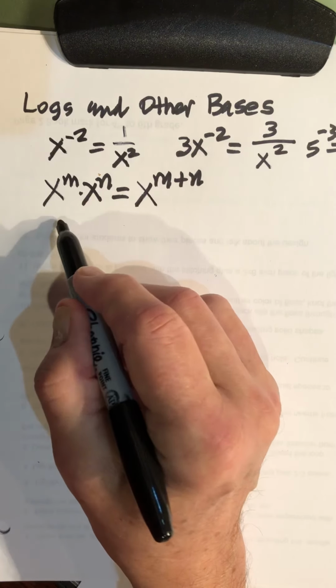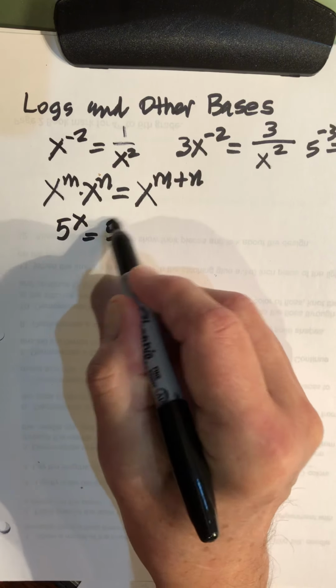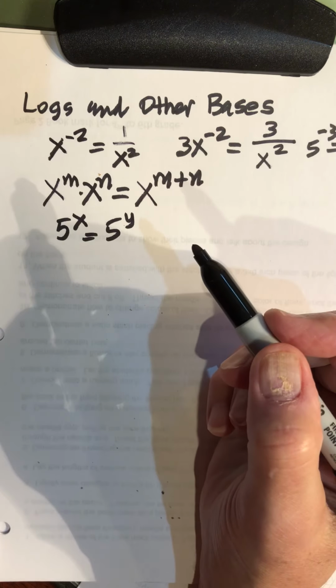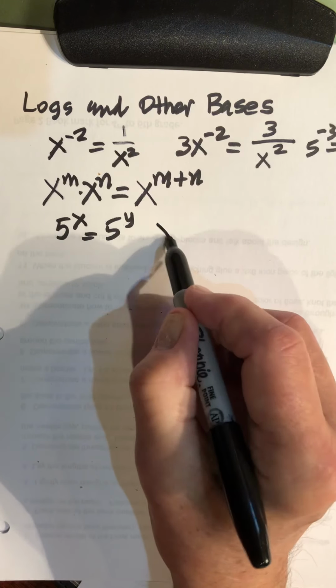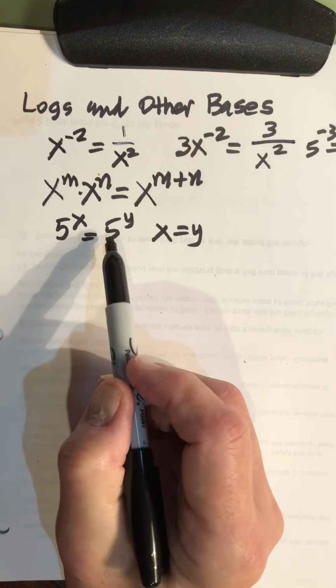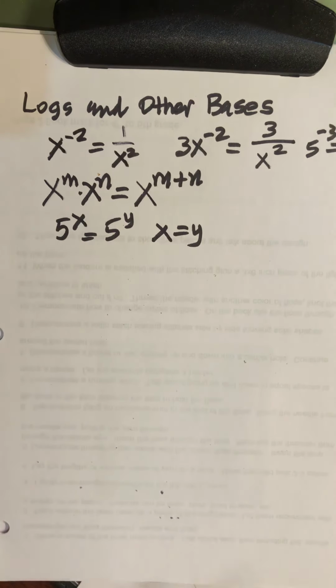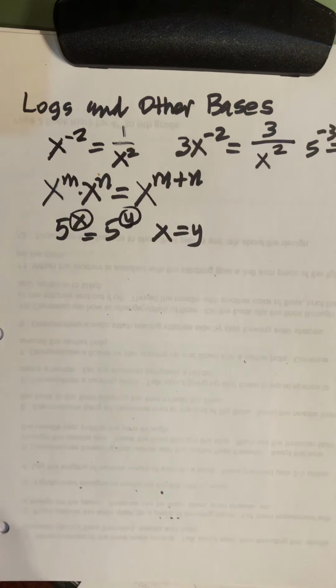Well, what about this next thing on the chart? 5 to the x equals 5 to the y. And that's true only if x equals y. Well, why is that? Because you can't raise 5 to a different power and have it equal to 5 to yet a different power. So these have to be the same.